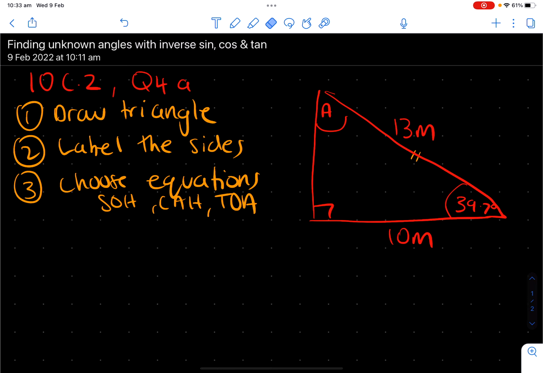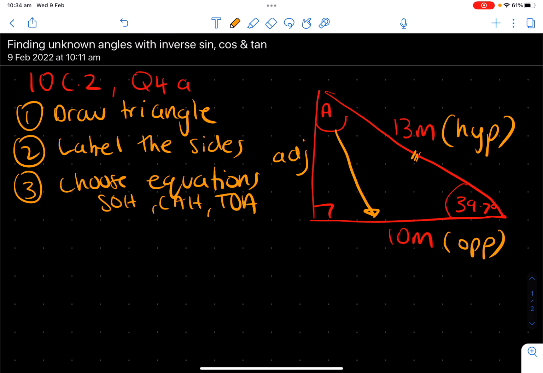We draw our arrow again. Now this is going to be our opposite side. Notice how the sides have changed. Our hypotenuse is always going to be the longest side, so that stayed the same. And now this is our adjacent side.